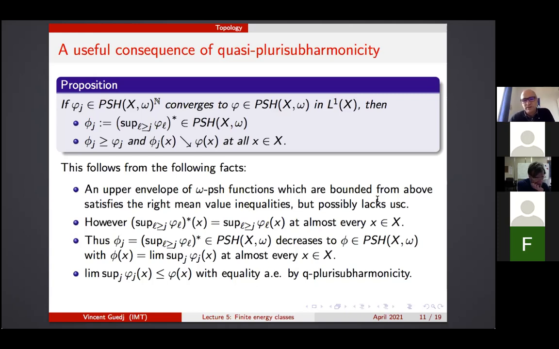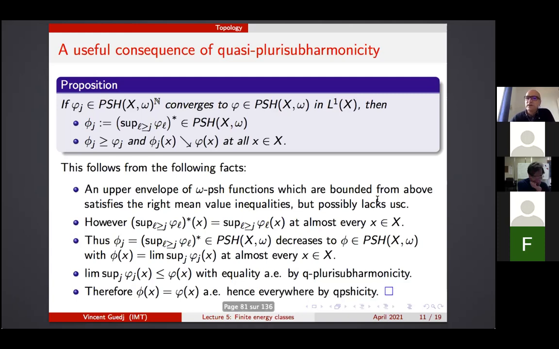So if you put all this information together, what you end up with is that this decreasing limit capital Phi is actually equal to your original limit little phi at almost every point. But now if two psh functions are equal almost everywhere, then they have to be equal everywhere, as I emphasized in the first lecture, or second lecture.